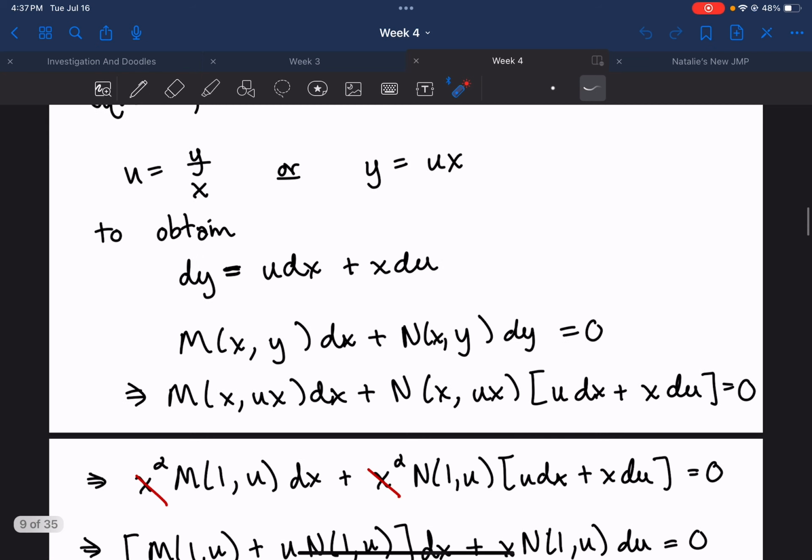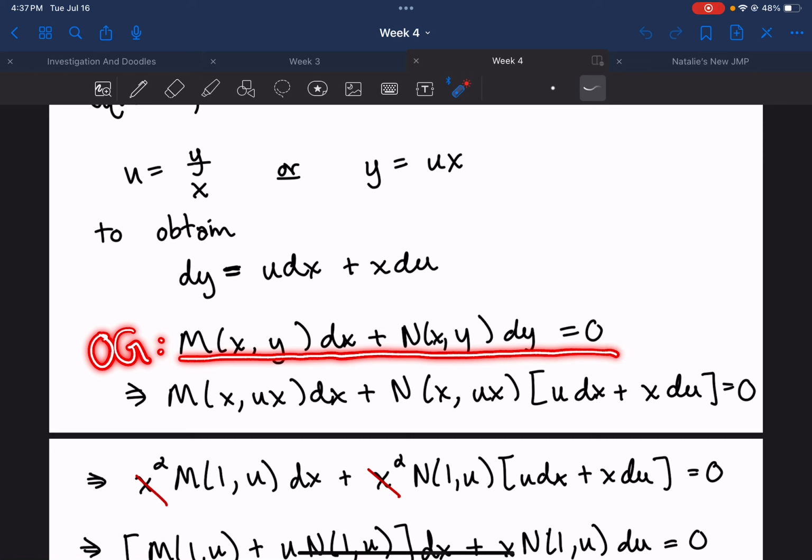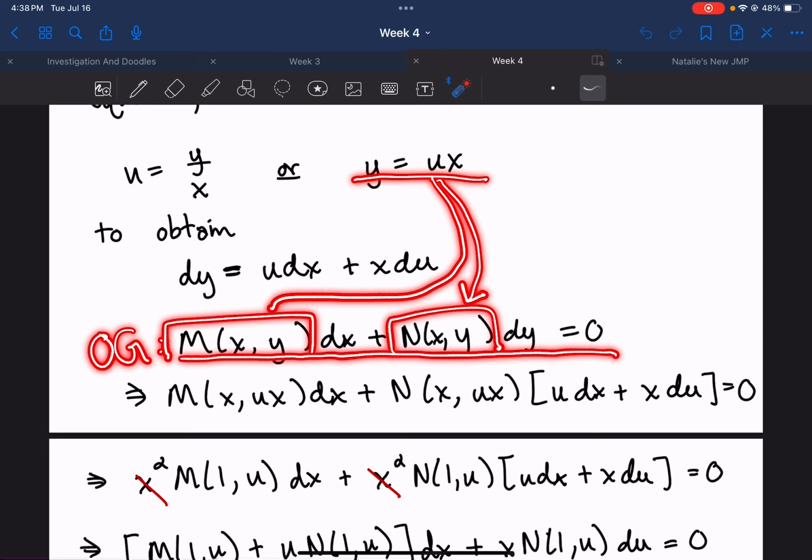So this is our original equation: M of x and y dx plus N of x and y dy equals 0. This was a homogeneous differential equation. Now we're going to make the substitution y equals u times x.